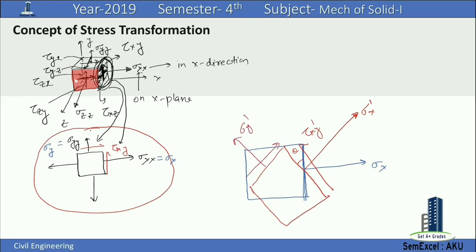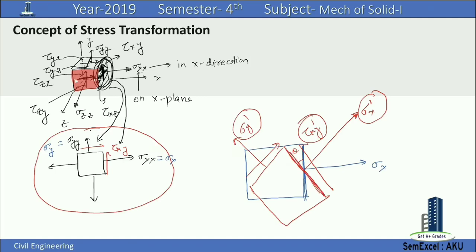Basically we have to find sigma x dash, sigma y dash and tau xy dash on a plane which is at an angle theta, and then we will find the resultant on this plane.